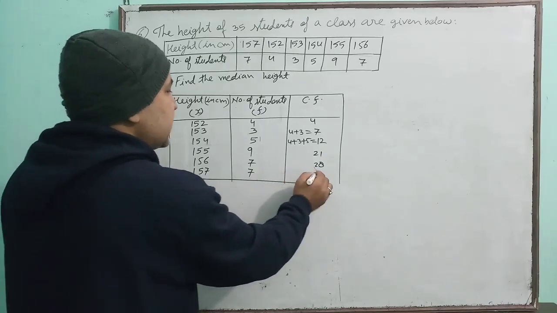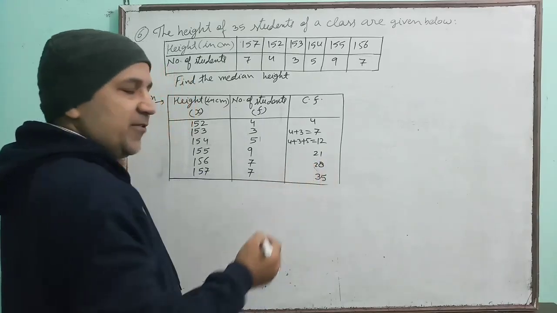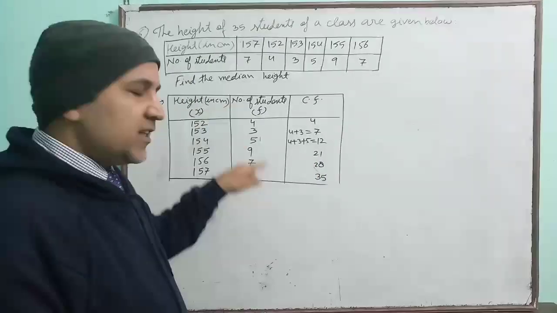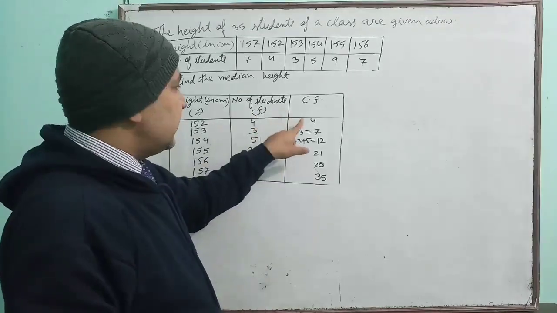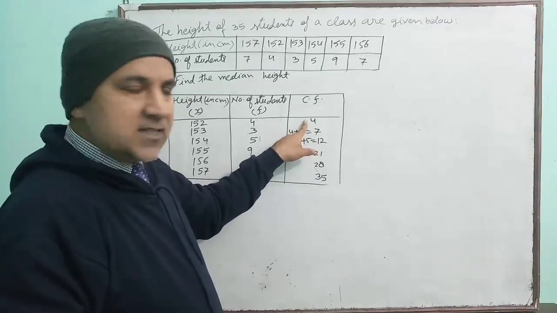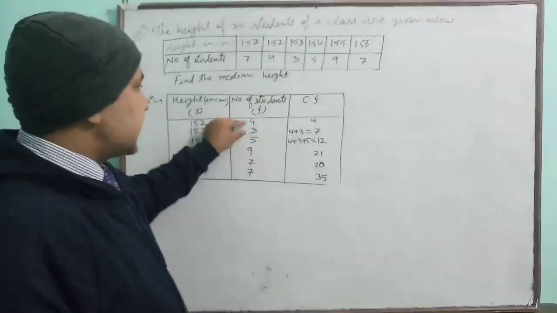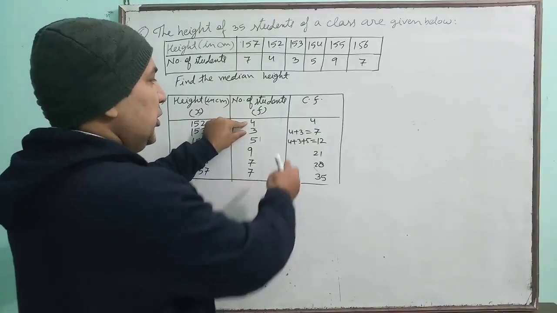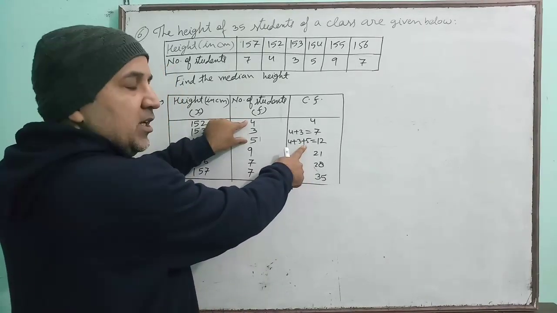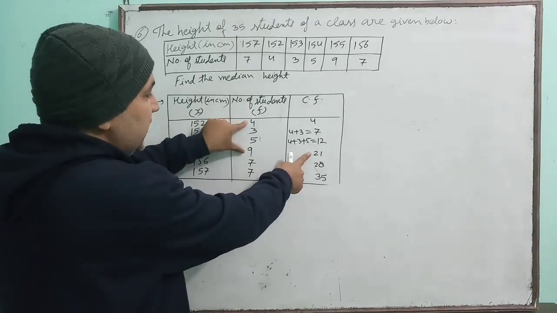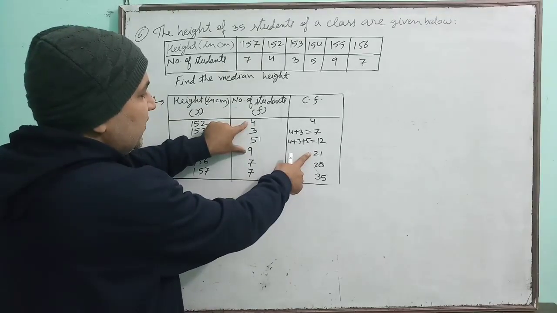Then 28 plus 7 is 35. Understood how you will get the cumulative frequency? The first frequency will be the same for cumulative frequency, but the second will be the sum of the two frequencies. The third cumulative frequency will be the sum of the three. The fourth cumulative frequency will be the sum of the four frequencies.